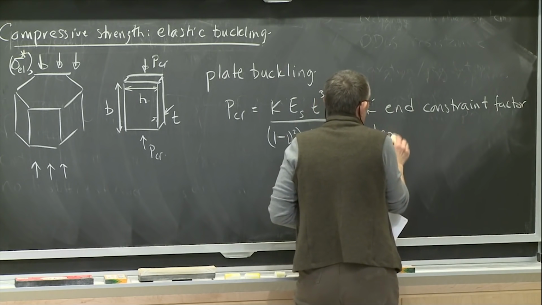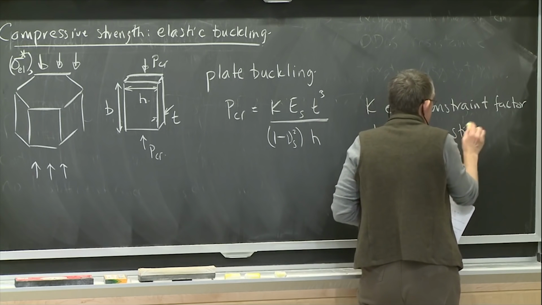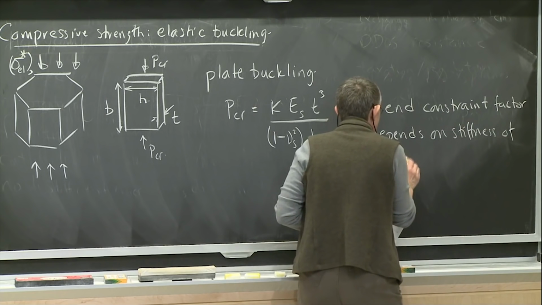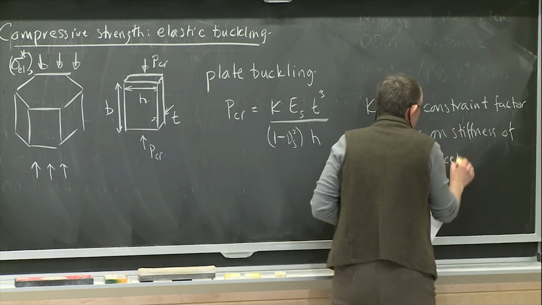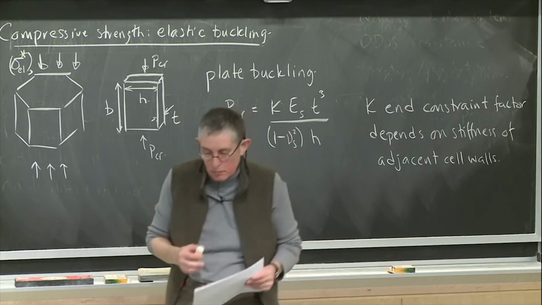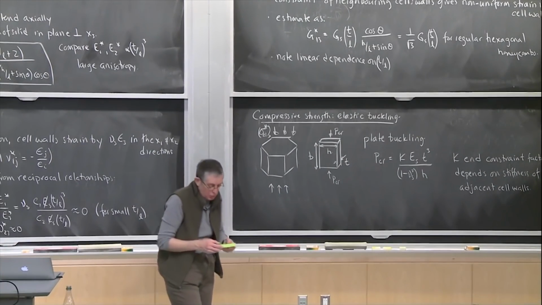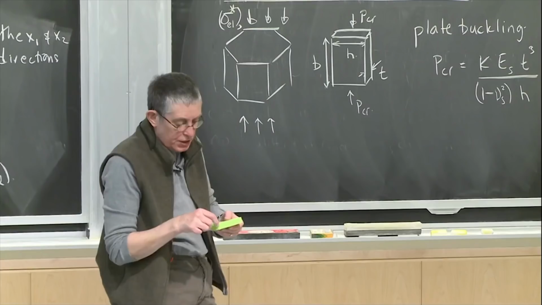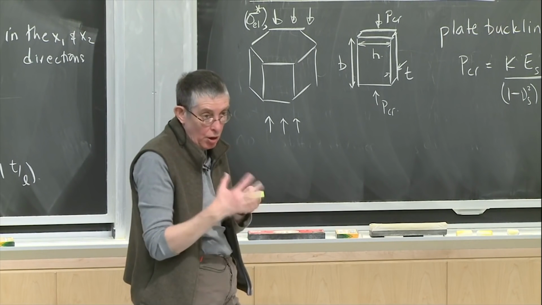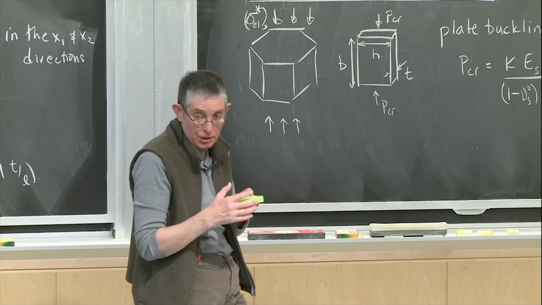So here K is an end constraint factor. And it's going to depend on the stiffness of the adjacent cell walls. So if I had a honeycomb and the adjacent walls were thicker, then you can imagine those thicker walls, it'd be harder to get them to deform, and the end constraint for the plate is going to depend on those thicker walls.